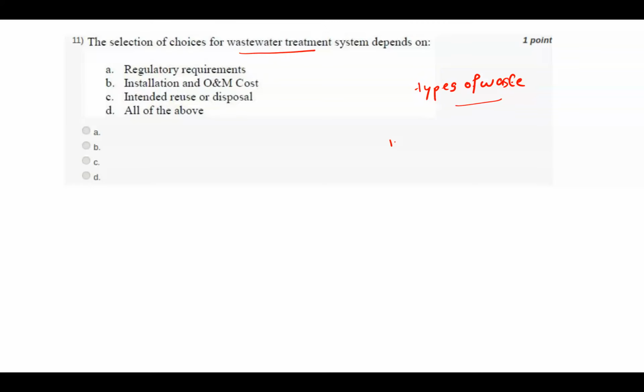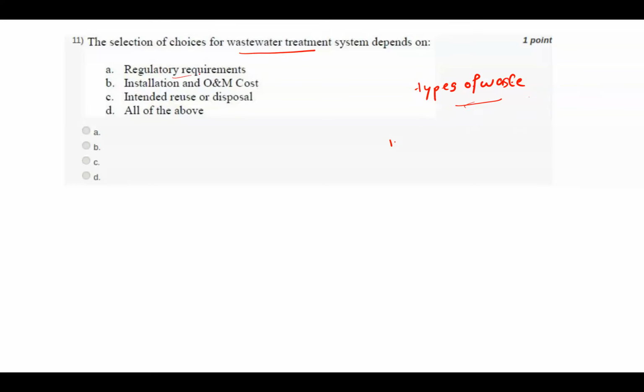We have home wastewater, which we already discussed, and if it's from a hospital, it is different, desalination is different, and oil and wastewater industry is different. So according to the wastewater type, we have to choose the wastewater system.